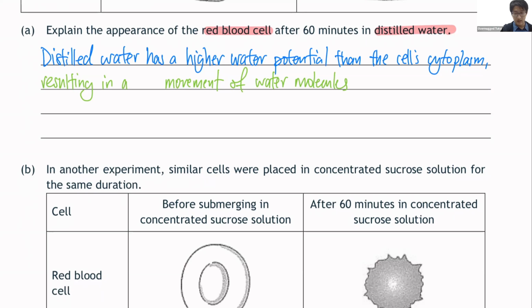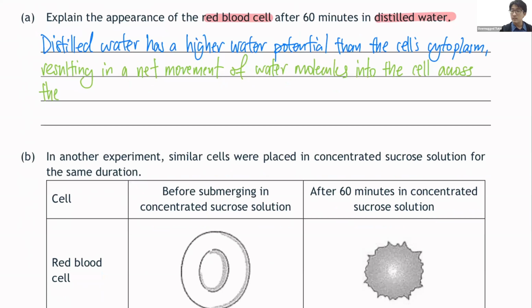Thank you, Linton. Correct. Well done. Resulting in a net movement of water molecules across. Osmosis can only occur across a. Very good. I also want to be specific. I remember the 20%, so not just partially impermeable membrane, partially permeable cell membrane.